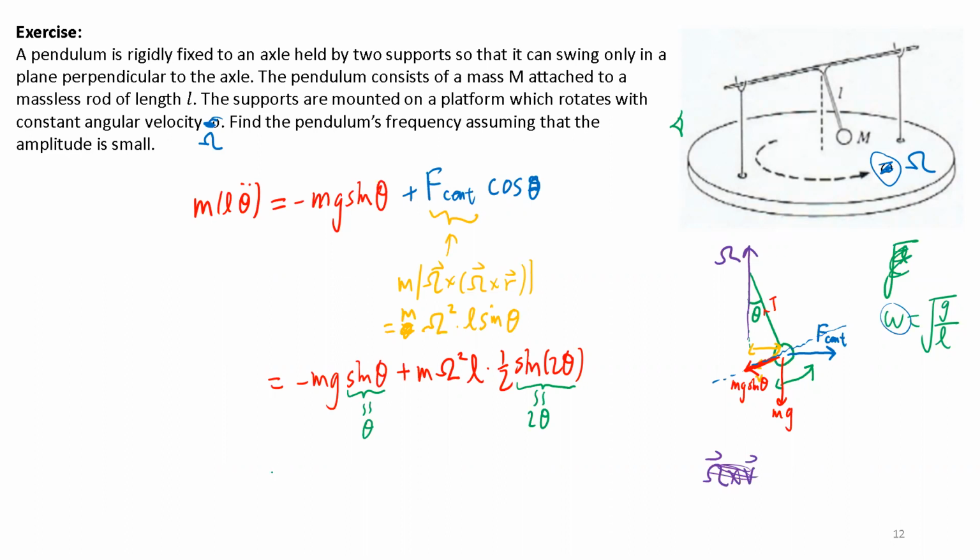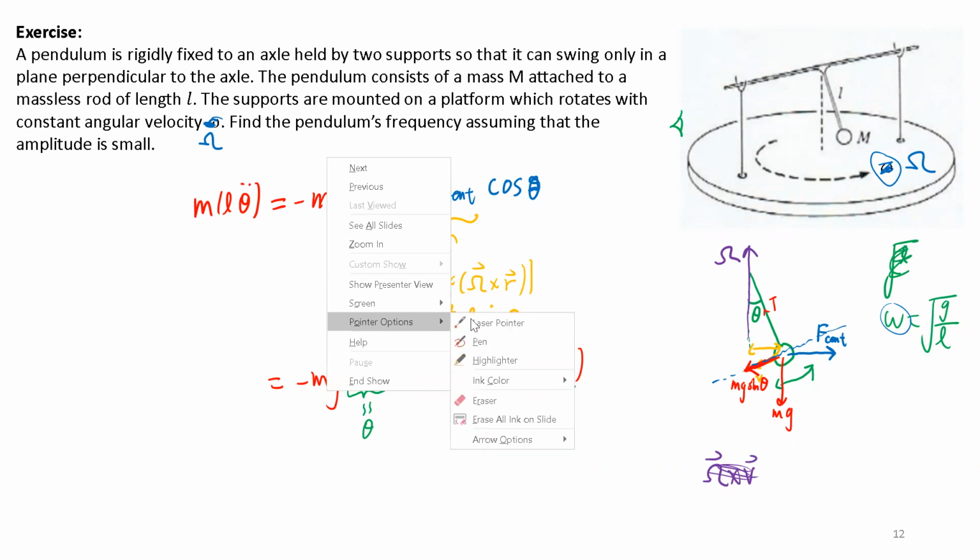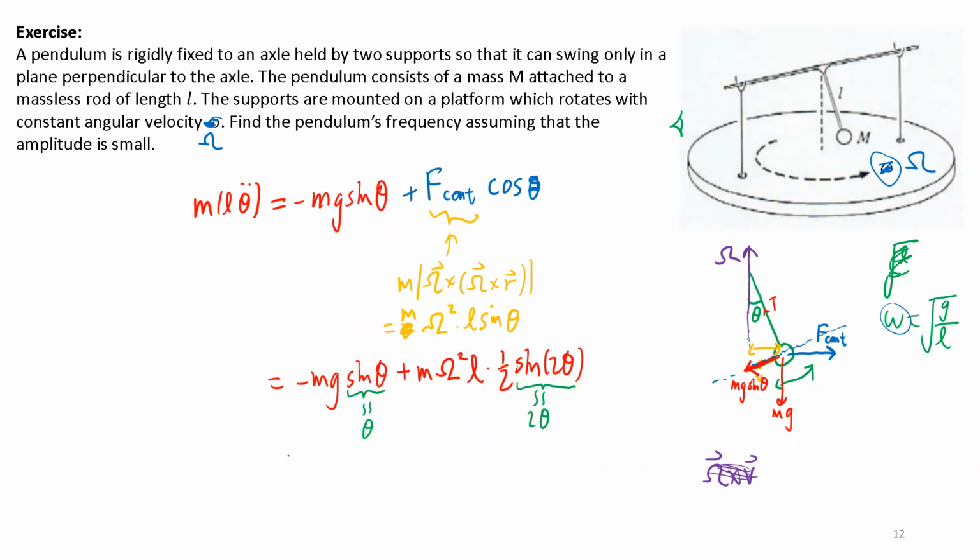Then just group the whole thing together, so you have a factor of theta in front.